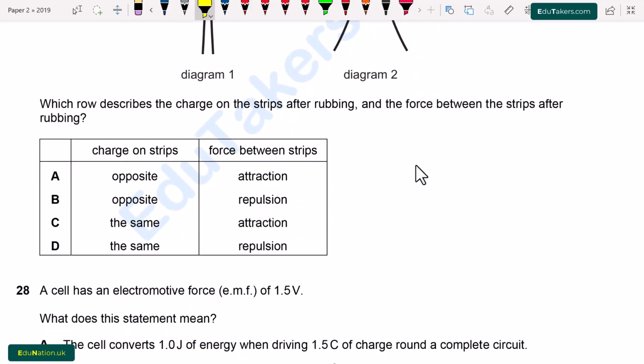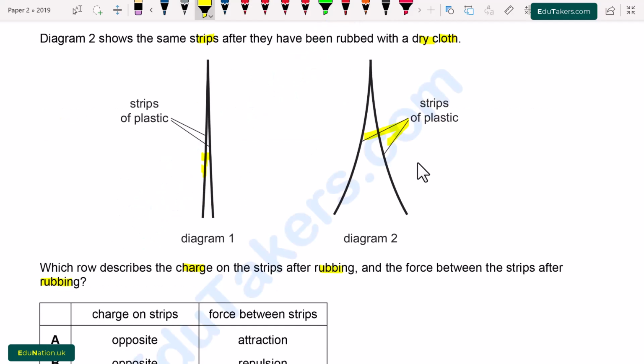Which row describes the charge on the strips after rubbing and the force between the strips after rubbing? We know that similar charges repel each other while opposite charges attract each other. As the strips of plastic are moving apart from each other, it means that there is a repulsion between them. So here the force will be repulsive, and a repulsive force is always present between similar charges.